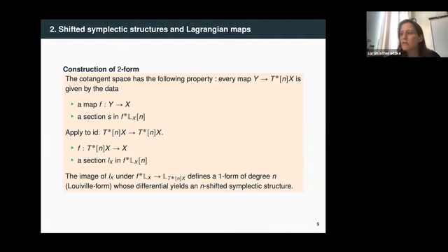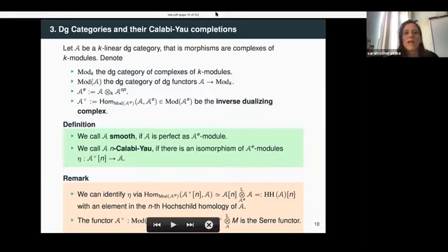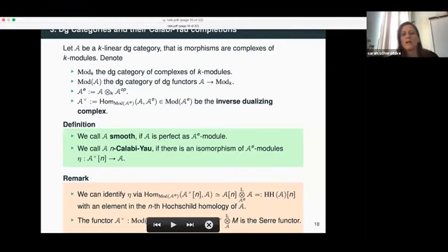Okay, so that's the major example of a shifted symplectic space. And now in the next section, what I would like to talk about is DG categories. So we'll make a cut and talk about n-Calabi-Yau completions of DG categories.